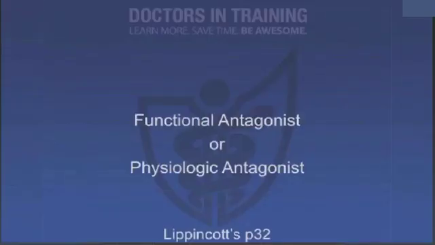Well, you may know, what do we give for an allergic reaction? We give epinephrine, because that's going to reverse the bronchospasm. But it doesn't act on the histamine receptors. If you wanted to act on the histamine receptors, you'd give an antihistamine. But instead we give epinephrine, which acts on the beta adrenergic receptors, and that's going to reverse the bronchospasm. So it's antagonizing the effect of histamine, but it's not antagonizing the histamine receptor whatsoever. This is called a functional antagonist or a physiologic antagonist.